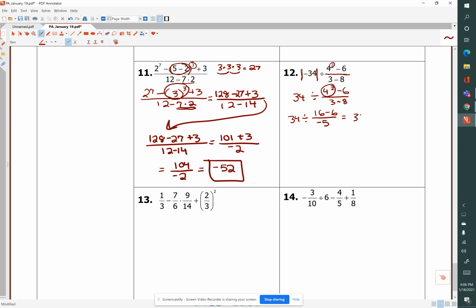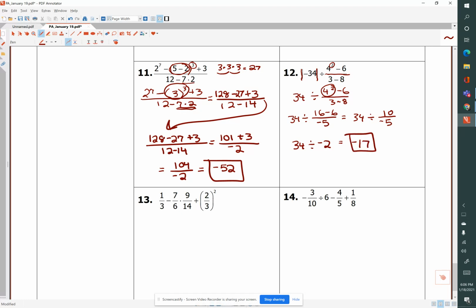So we've got 34 divided by 16 minus 6 is 10 divided by negative 5. Now we can simplify 10 divided by negative 5, and that would be negative 2. So now we have 34 divided by negative 2, which is negative 17.